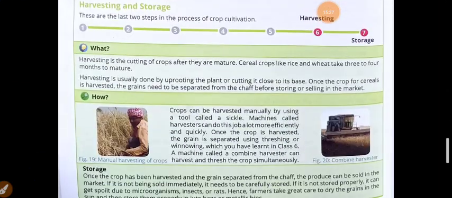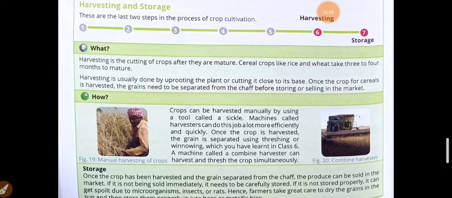And last is harvesting and storage. Harvesting is the cutting of crops when they are mature, like rice and wheat. They take 3 or 4 months to mature, and then we cut them down or pull them up from the roots. Then the grains and the chaff, the extra part of the plant, are separated and then stored or sold in the market.